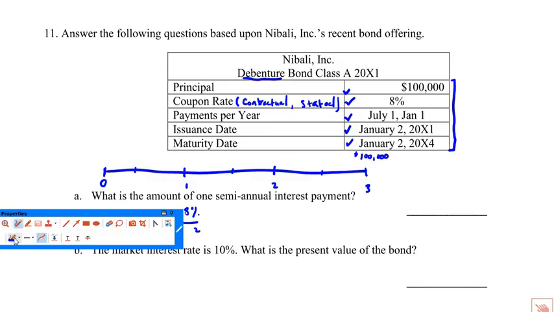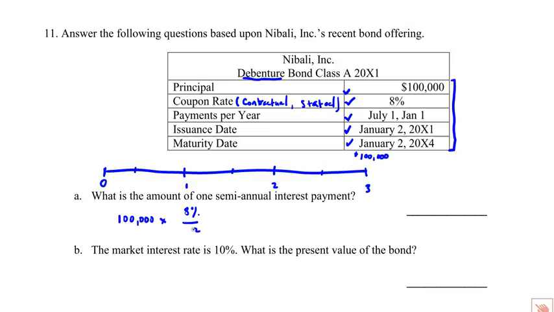There are bonds that have more than 2 payments per year, but really the bond market, 90% of it, is 2 payments per year, the corporate bond market and also the U.S. Treasury bond market. So this is going to be 4,000. All right, so your answer over here is 4,000.